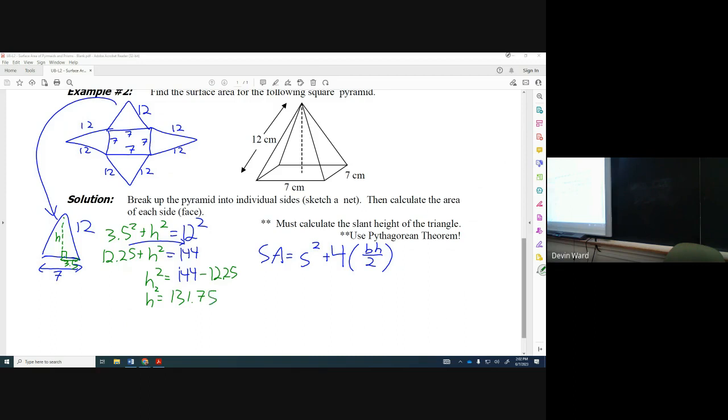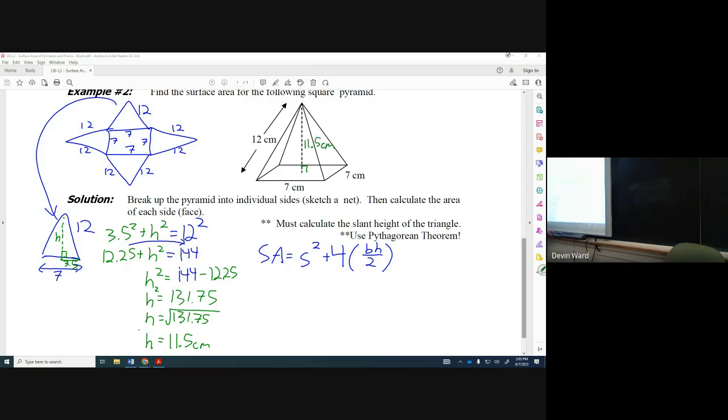How do I get rid of the squares? Take the square root. So the square root of 131.75 works out to be about 11.5 centimeters. Okay? So my height here is 11.5 centimeters.